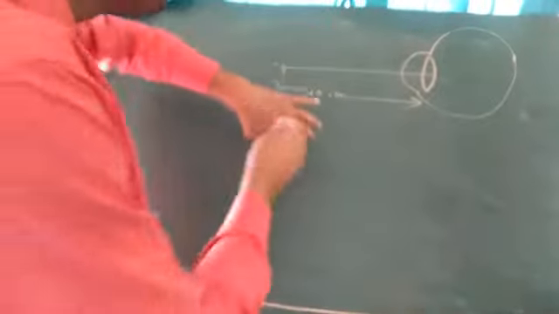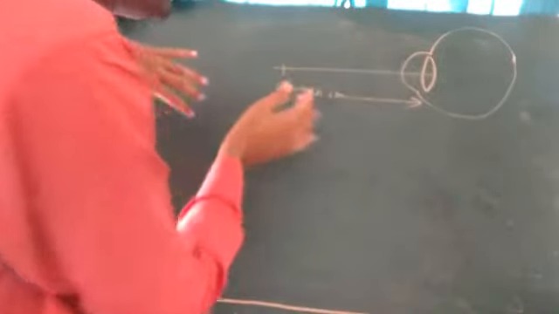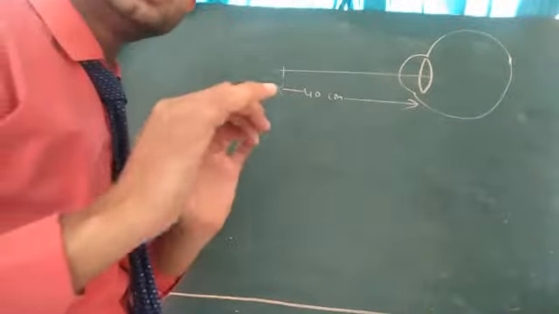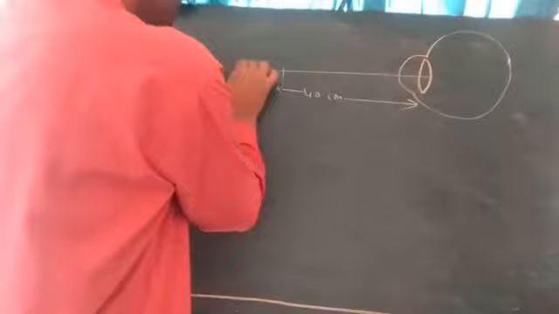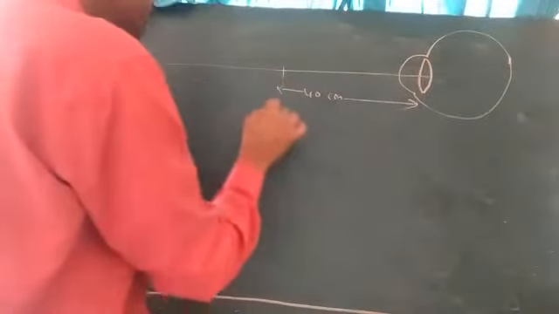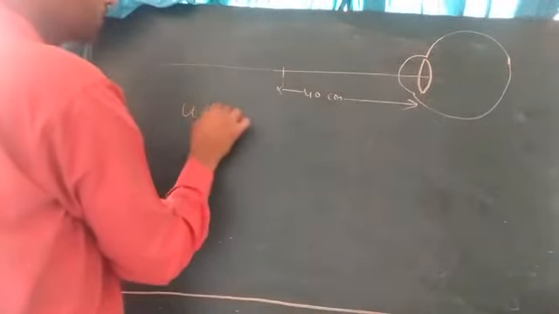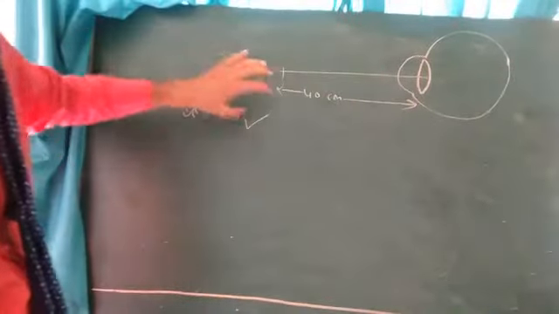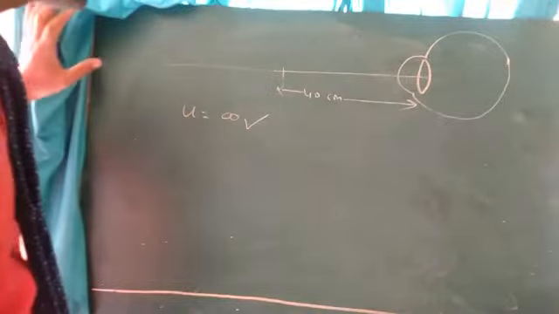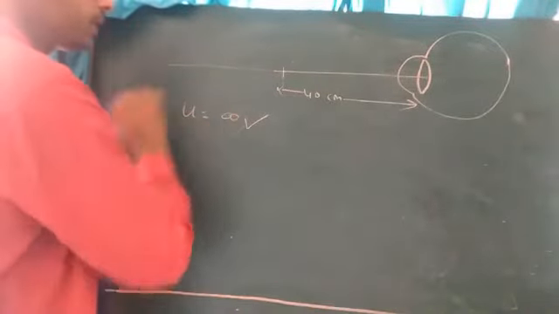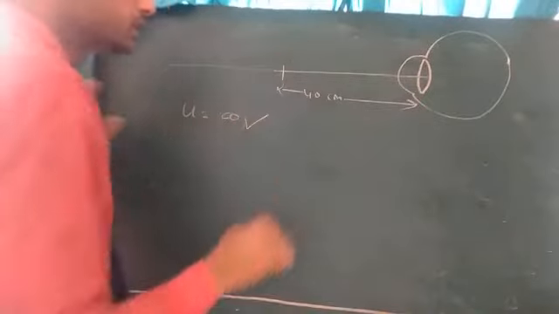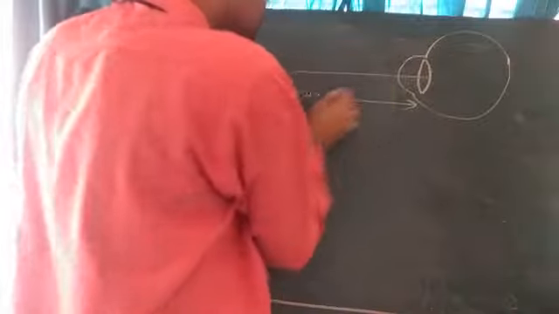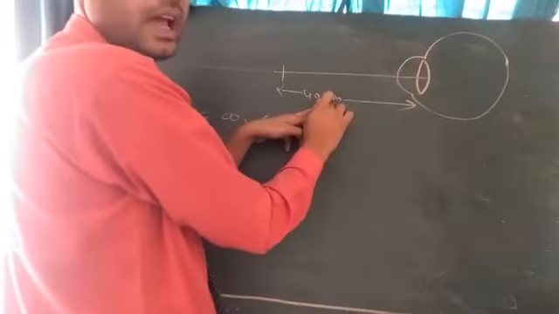We want to see beyond this point. It means you can assume it's infinity. It means we have to see to infinity. It means u equal to infinity. We want to see the object placed at infinity. And this eye can see through a distance of 40 centimeter easily.